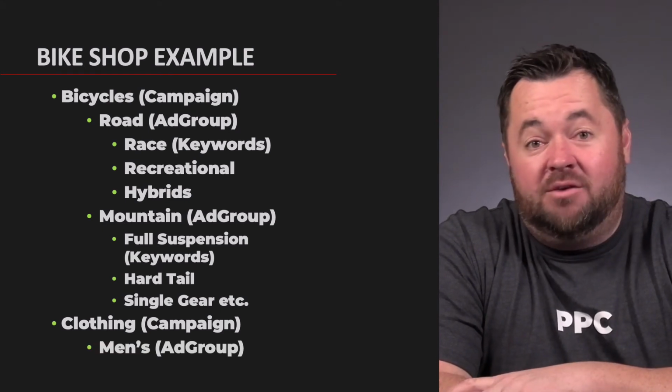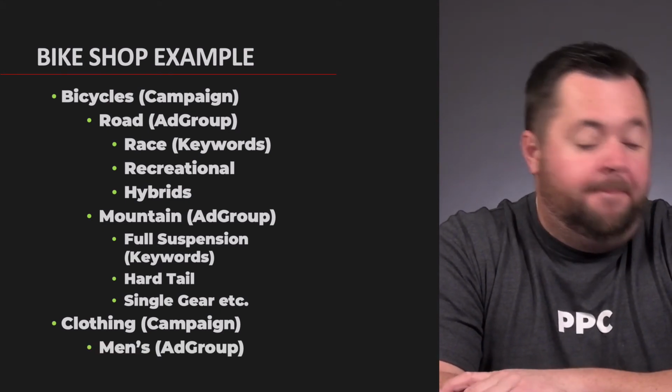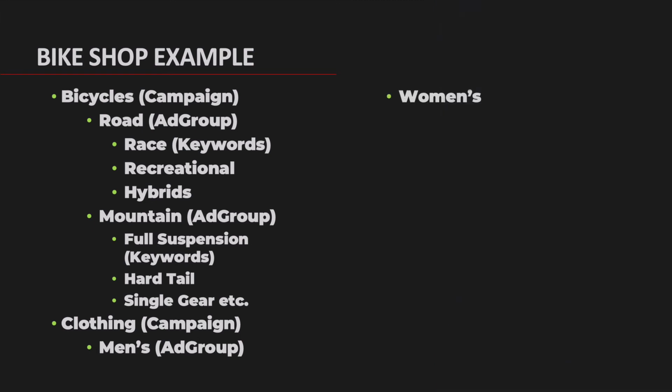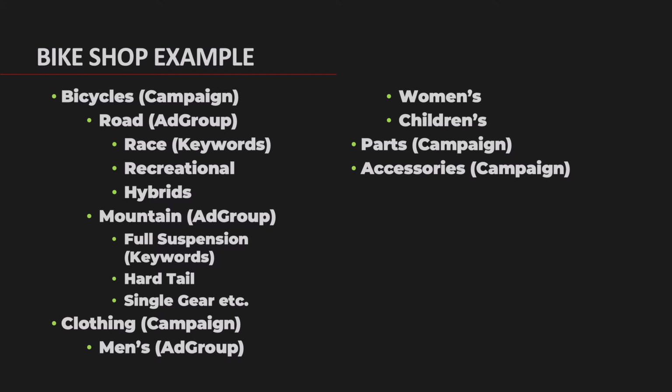There could be an ad group under clothing for men's clothing, one for women's clothing, and one for children's clothing. We could also have another completely different campaign for parts or accessories, maybe bike pumps, helmets, and other things like that. So in a bike shop, there could be a number of different campaigns with a variety of ad groups in each one of the campaigns.